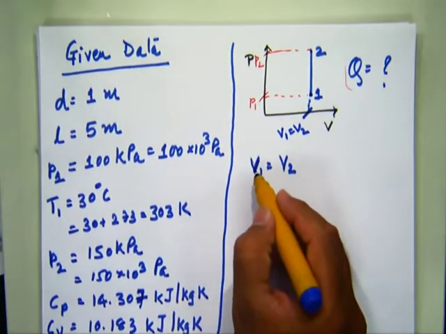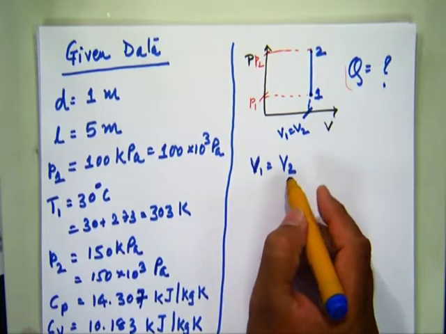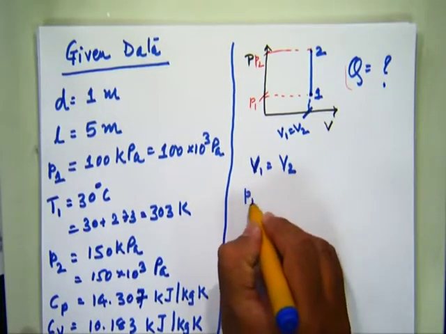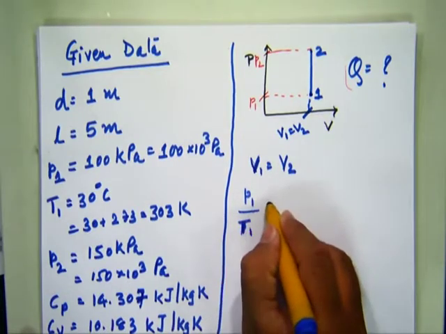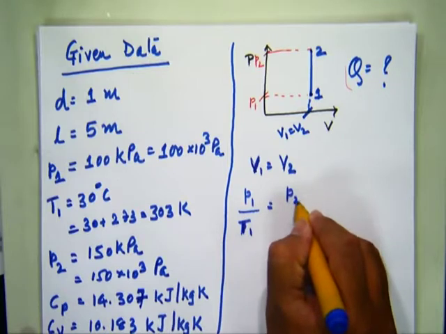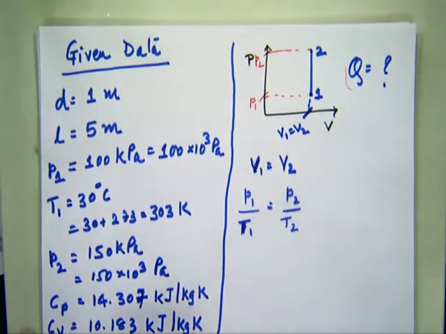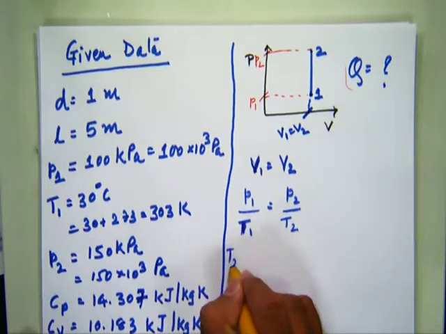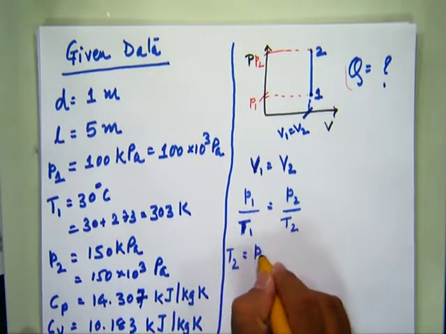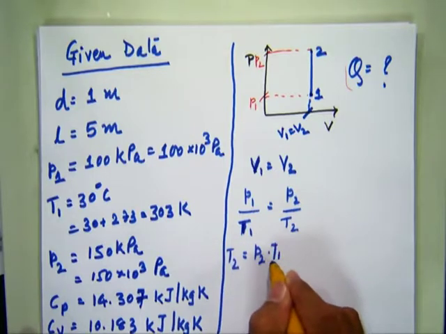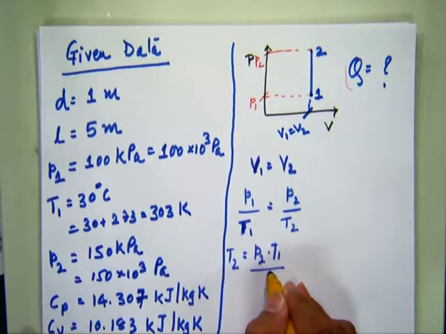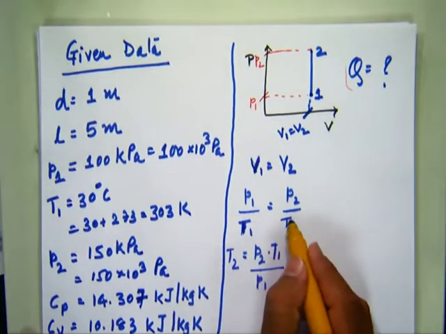So, when V1 is equal to V2, constant volume, our relationship is P1 upon T1 is equal to P2 upon T2. So you can find out T2 is equal to P2 into T1 upon P1.